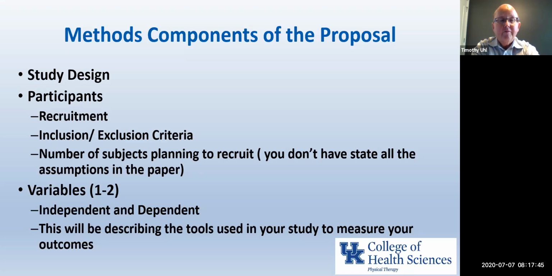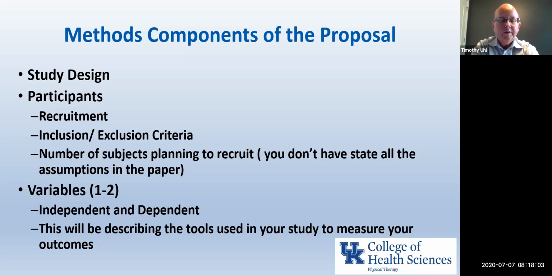Try to pick your main variables. If you have a lot of variables, try to pick the main one or two key variables. This might take 2 or 3 slides, and so you'll have to move along here. You can get weighed down with a lot of detail here, so just be careful with that.